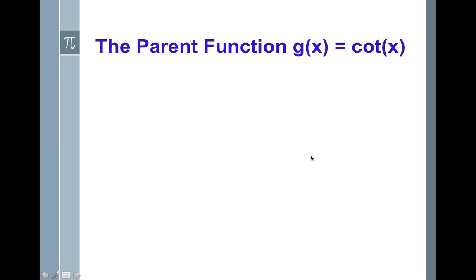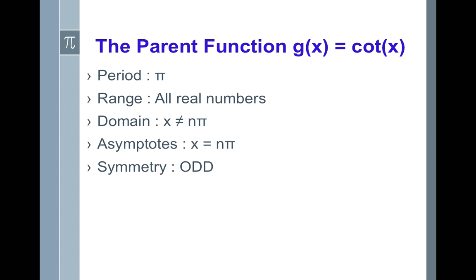So let's look again at the parent function for cotangent. All right, so the parent function for cotangent, the period is pi. Again, the range is all real numbers. And the domain, in this case, x can't be any multiple of pi because our asymptotes occur at every multiple of pi here.